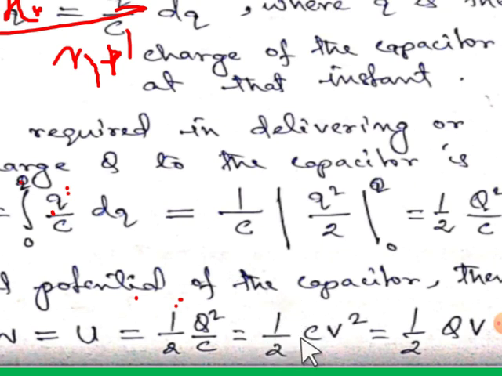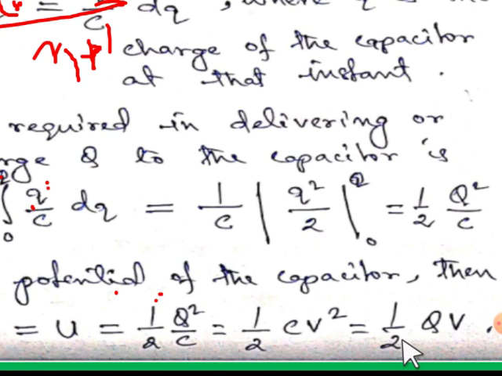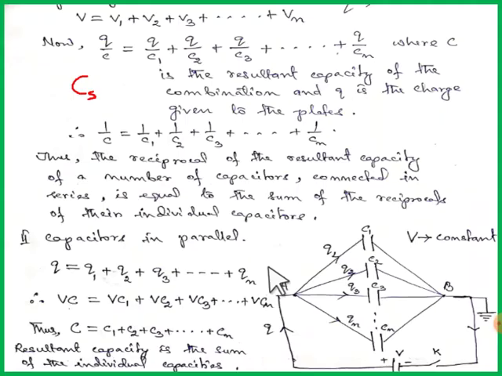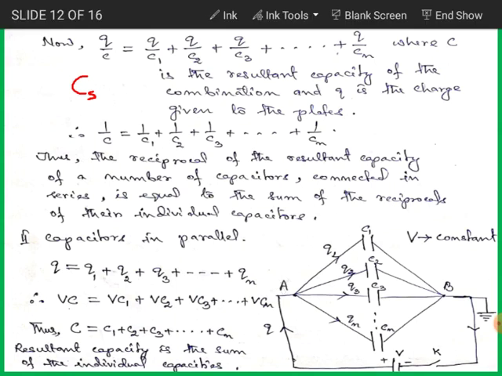If you do that, the resulting equation will be half CV square, which is equal to half QV. You have a relation that in the case of capacitance, C will be related as Q by V, right? So that your Q will be equal to CV. Am I right?